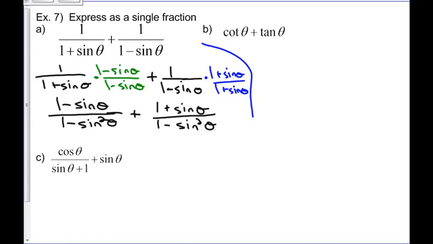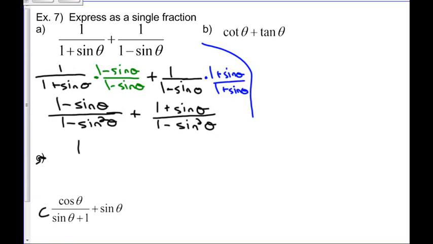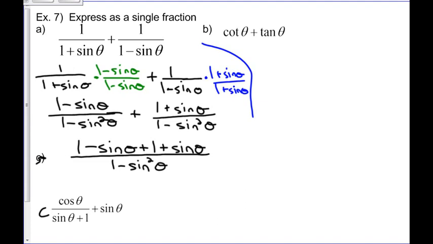Now we have a common denominator, and we can work. So put them together. That's 1 minus sine theta plus 1 plus sine theta all over 1 minus sine squared theta. That's a 2 on top.